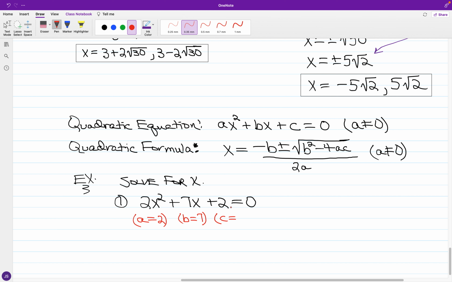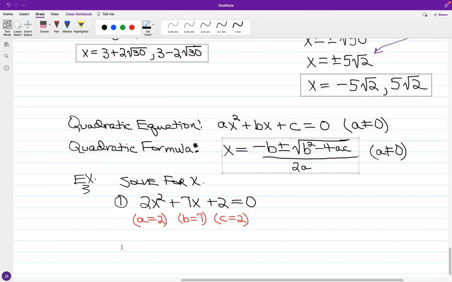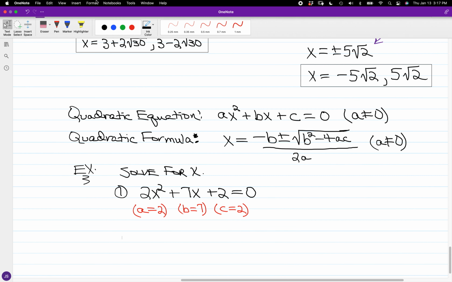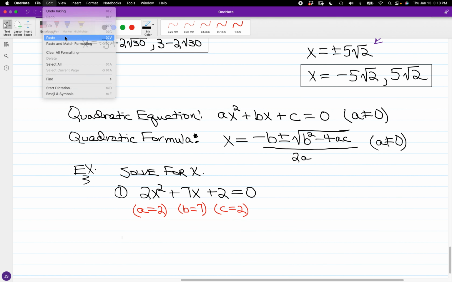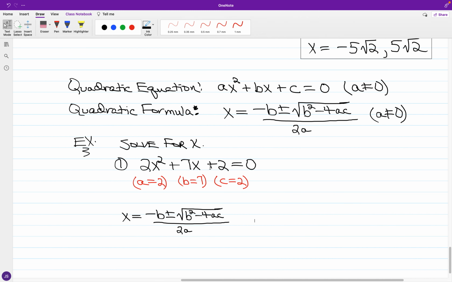And since we have a plus 2, we have that c is equal to 2. And with the quadratic formula, we are substituting, filling in the numerical values.